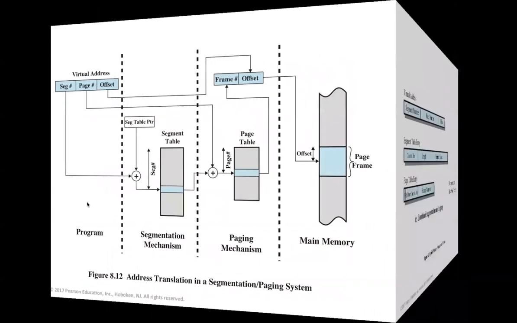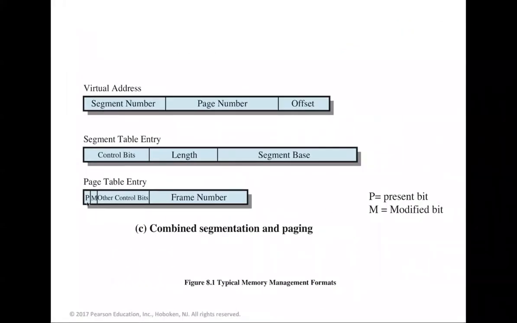Looking at the following figure, we can see that the segment table entry and the page table entry formats are different. Both of them are similar to what we had before, except for minor changes. As before, the segment table entry contains the length of the segment as well as the segment base, which now refers to the starting address of the page table.